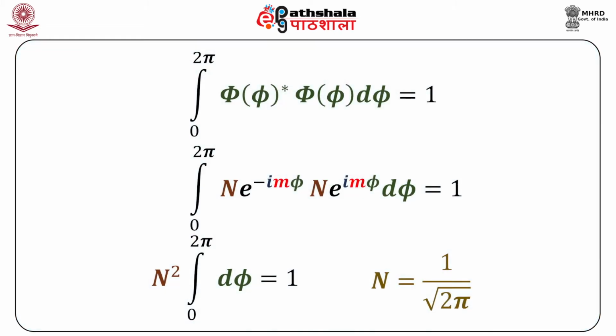If we apply the normalization condition on this function, which means the integral should be equal to 1, and simplify, we get the normalization constant N equals 1 upon under root 2π.